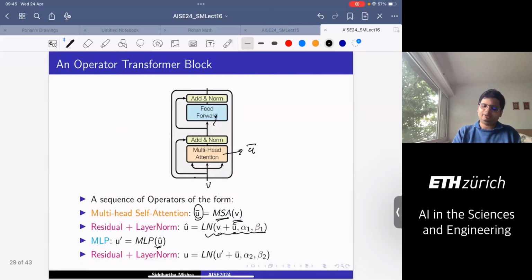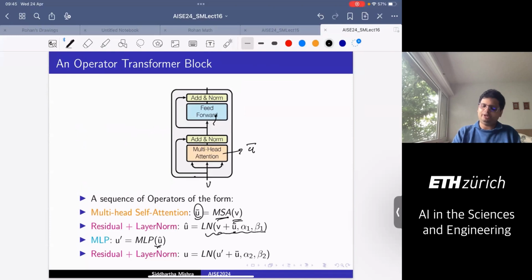And once you have an MLP, then you do the same. So you add the residual with the new input, and you do another layer norm. And you stack several of these blocks together. So this is the structure of a transformer. Okay. This is the main building block of a transformer. Is that clear? So you start with attention, you have some layer normalizations, some MLPs, and so on.